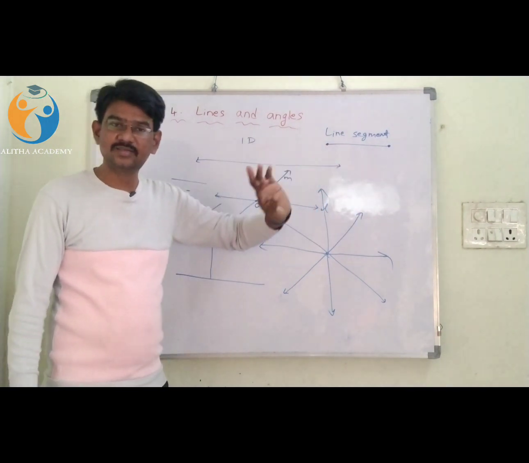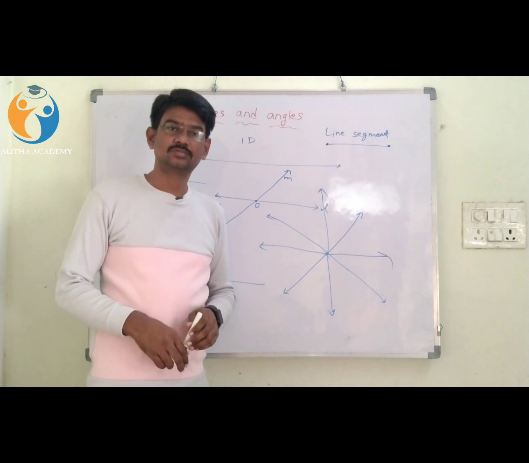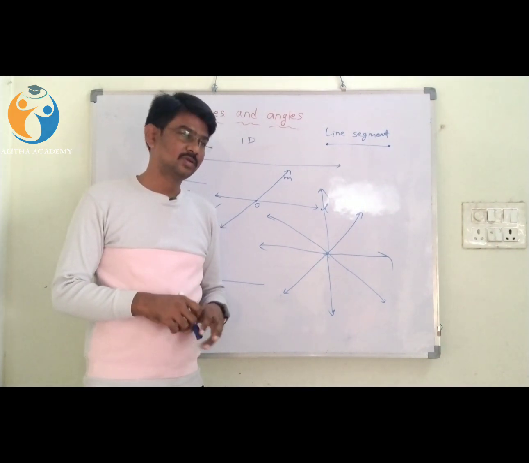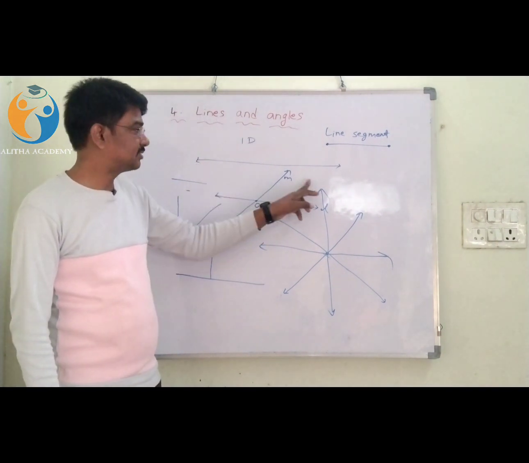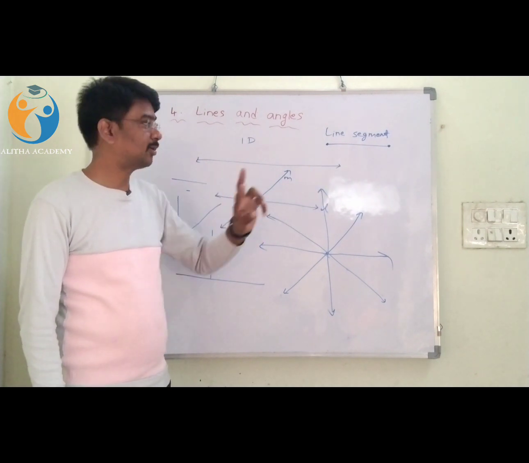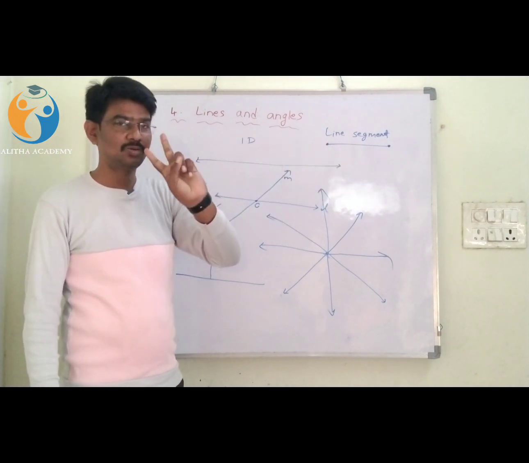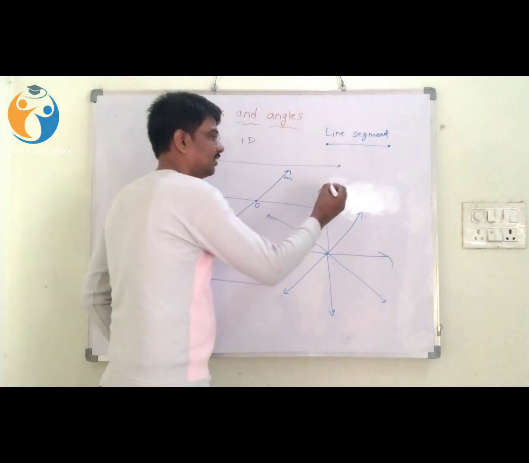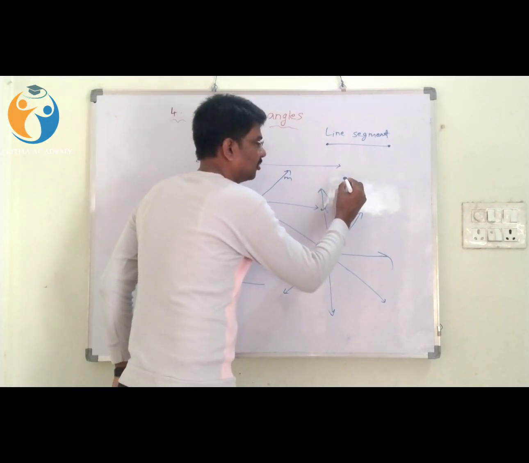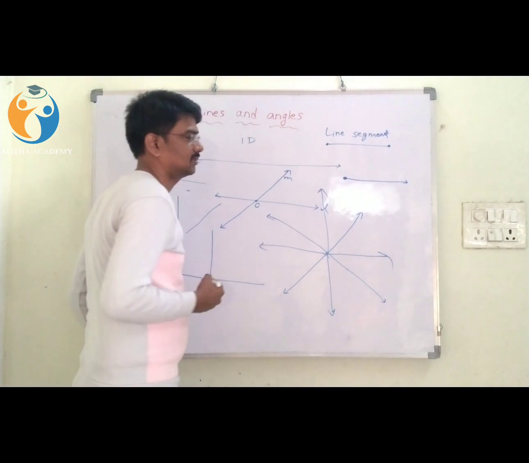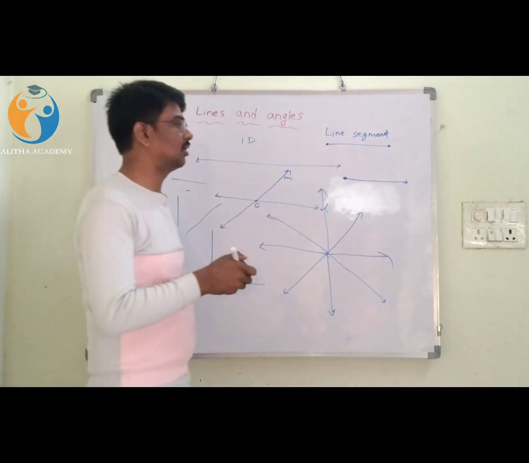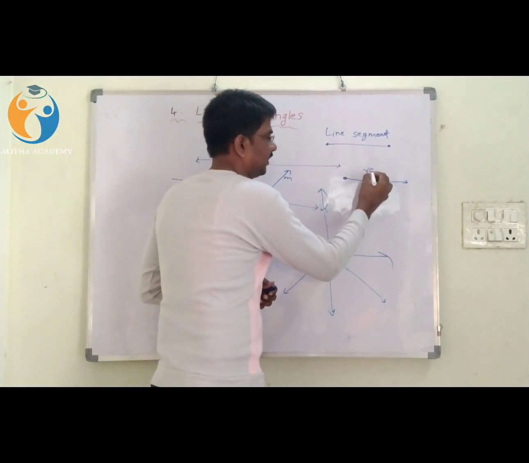How many ends for a line segment? 2. How many ends for a line? 0. How many ends for a line segment? 2. One more is there. Fixed starting point and going endlessly. This is called a ray.